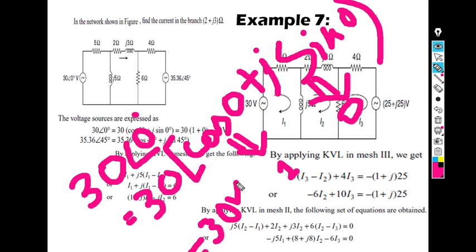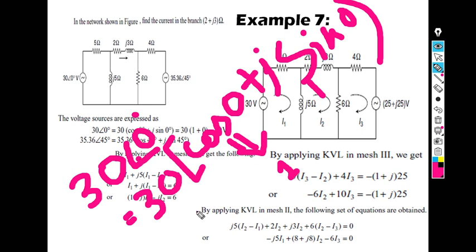Right? So I can represent it in this way. Similarly, this is a polar form, and 30 volt is a rectangular form where the imaginary part is 0.